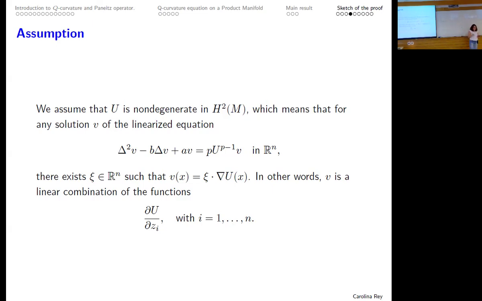This is a strong assumption, but it is proved in some dimensions, and also it is proved for some special constants, B and A. So we think that it will be soon proved in general. Also, it is proved in the case of the second order equation without the bi-Laplacian. So we think that it's not a very strange hypothesis.